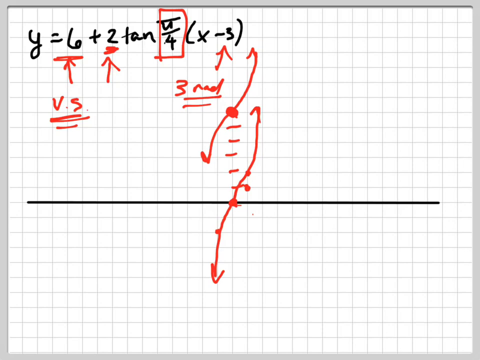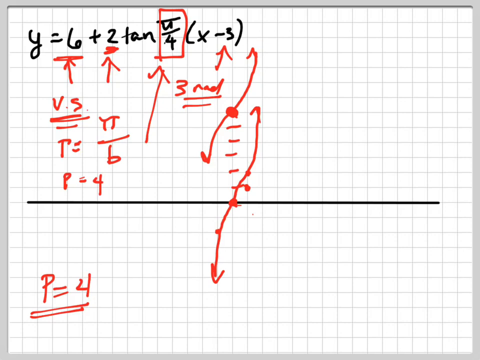This is one of the most important things. That b right there affects the period. So the period equals, instead of 2 pi over b, it equals 1 pi over b. So the period here in this case just equals 4. So let's write all of our information down here. The period equals 4.